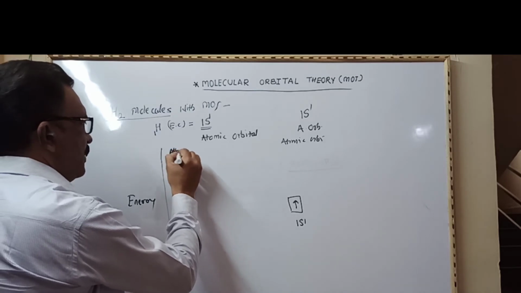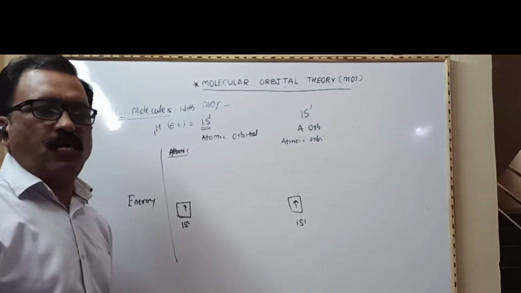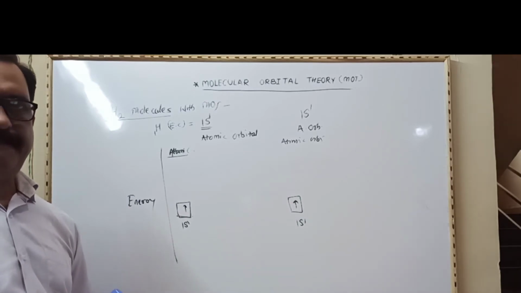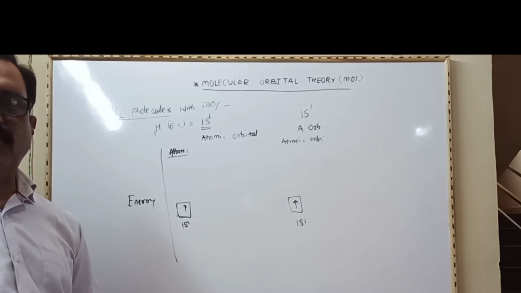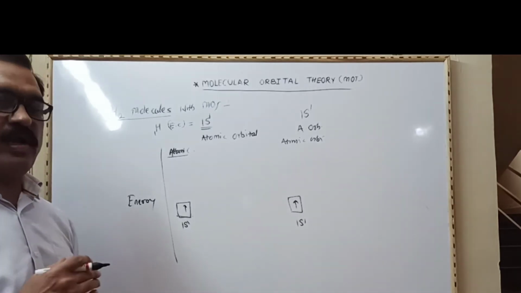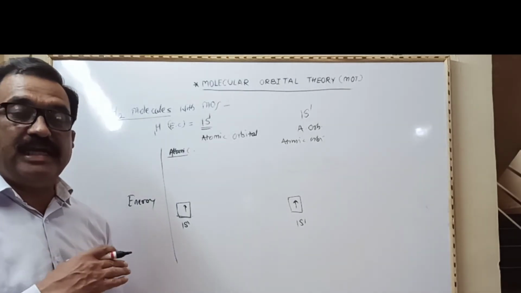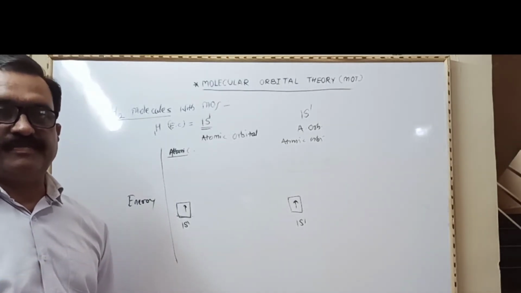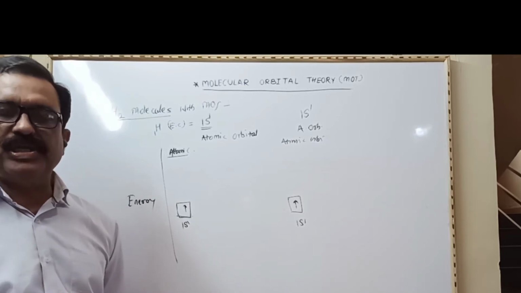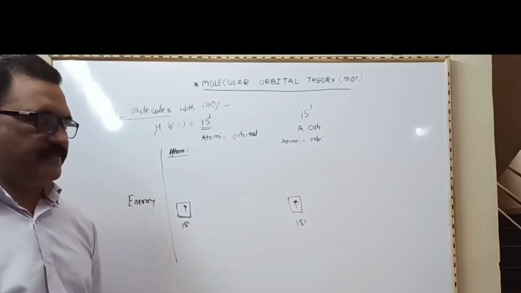These atomic orbitals overlap linearly to form a sigma molecular orbital. When the overlapping takes place along the internuclear axis, the formation of a sigma molecular orbital takes place.